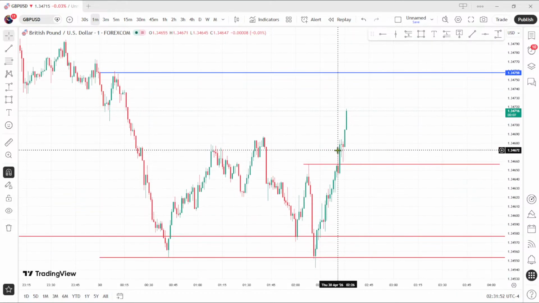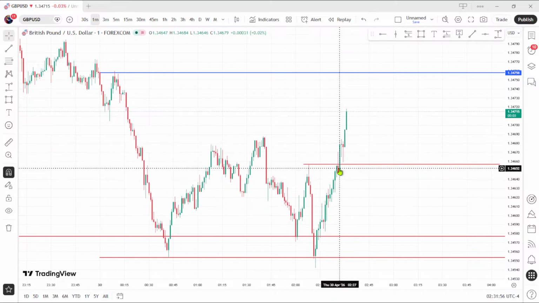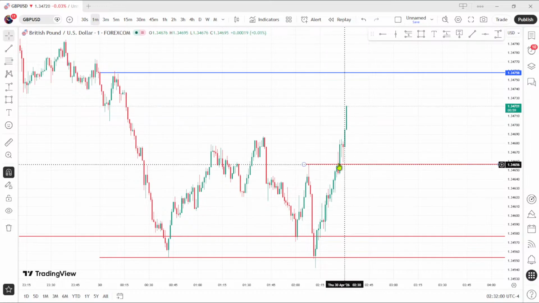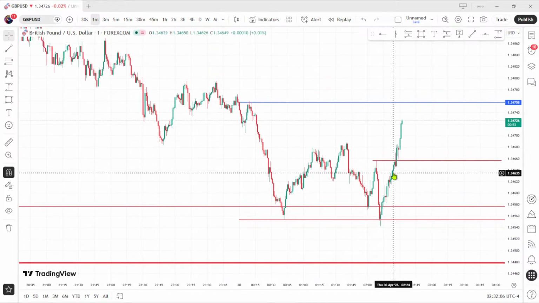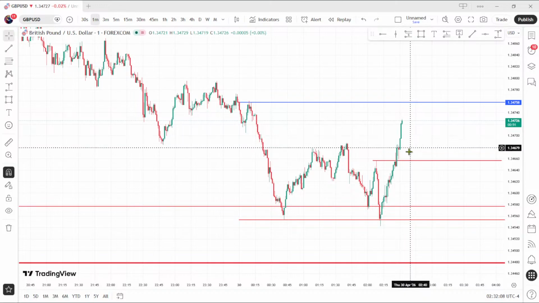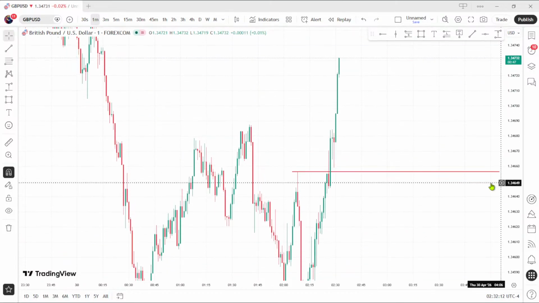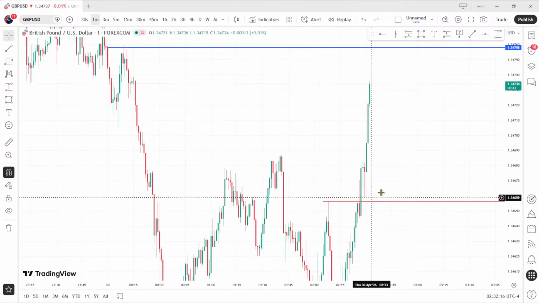Market structure shift, it has come to this order block, this 1-minute order block here in the cable, but no retracement to a fair value gap. We'll probably wait to see what price is doing. Price is so bullish. Is there any retracement to a fair value gap? There is none. This is another block.